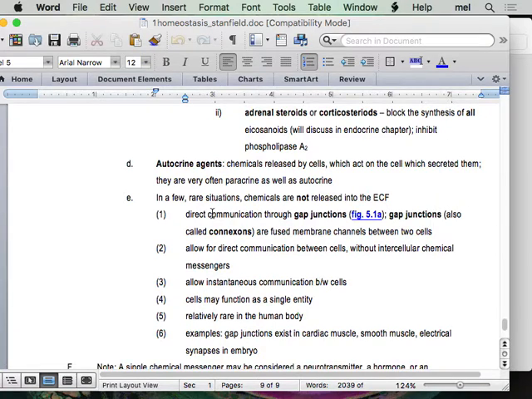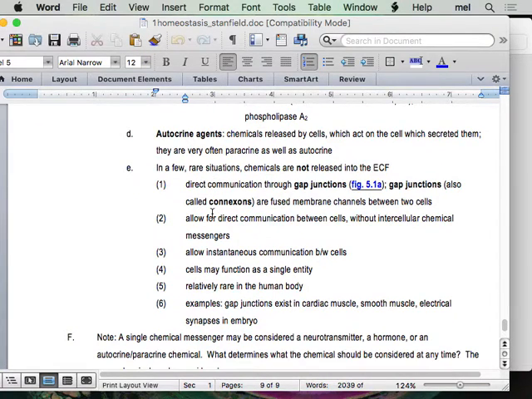Okay, so is there any situation in which I could communicate between cell A and cell B without releasing anything into the extracellular fluid? And the answer is yes, if the cells are stuck together, like gap junctions. Remember learning about gap junctions in anatomy?